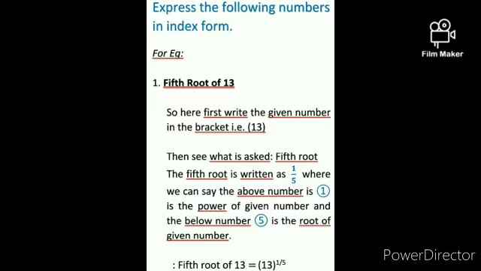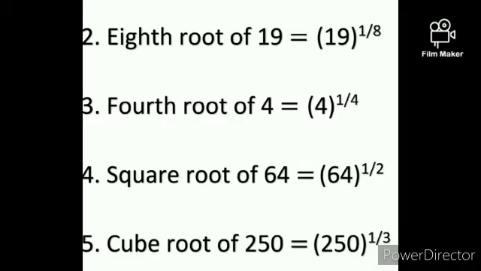They have asked fifth root. So fifth root means 1 upon 5, where we can say the above number 1 is the power of the given number and below number 5 is the root of the given number. So fifth root of 13 can be expressed as 13 raised to 1 upon 5.